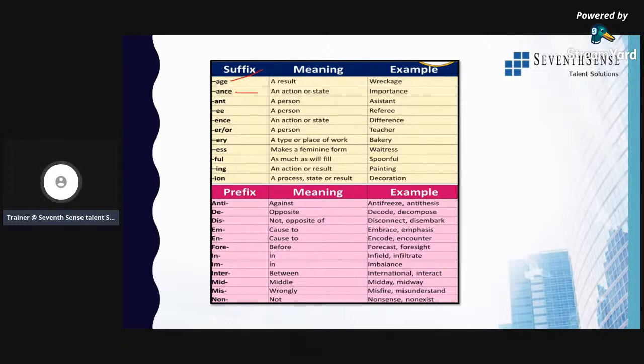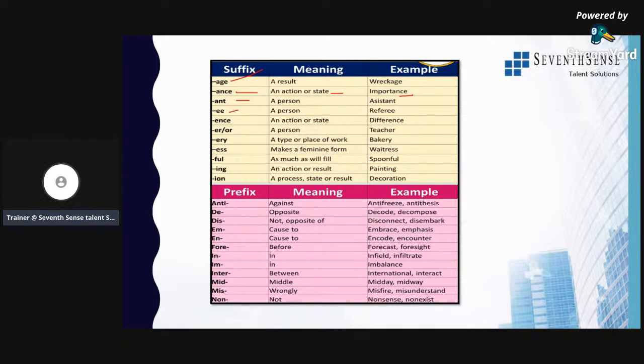-ance is an action or a state, like importance. And -ant is a person: assistant, commandant, lieutenant. These refer to a person, right?